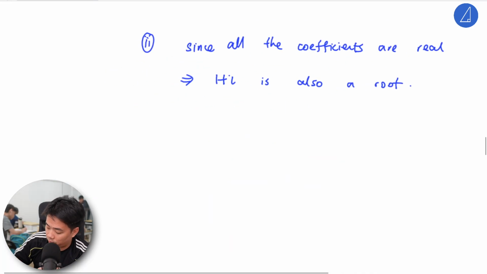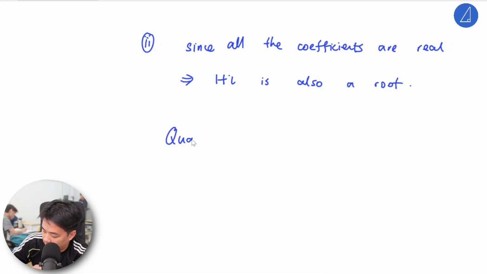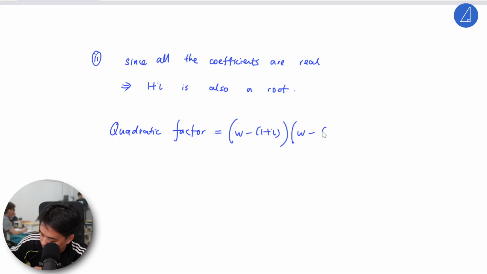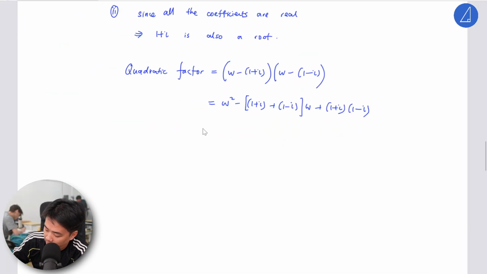If this is also a root, then we know the quadratic factor will be w minus 1 plus i, w minus 1 minus i. We can quickly sum them up: the sum of roots is 2, so w squared minus 2w, plus 1 squared plus 1 squared, which is 2.